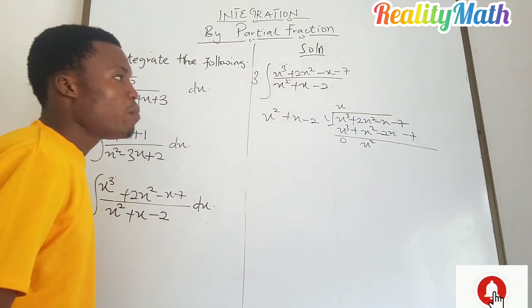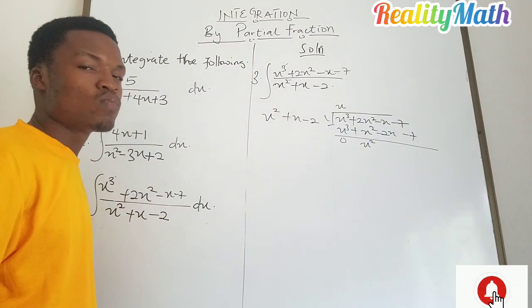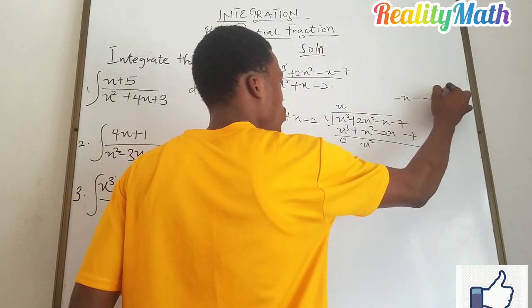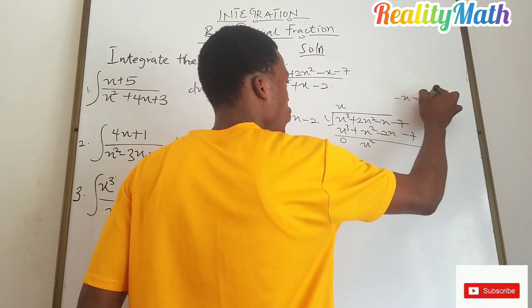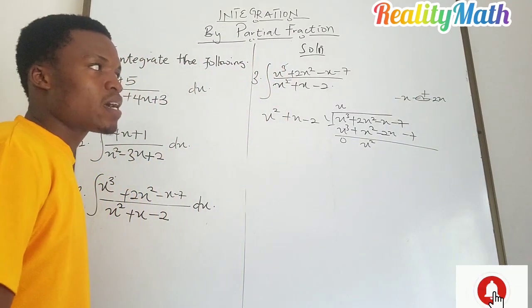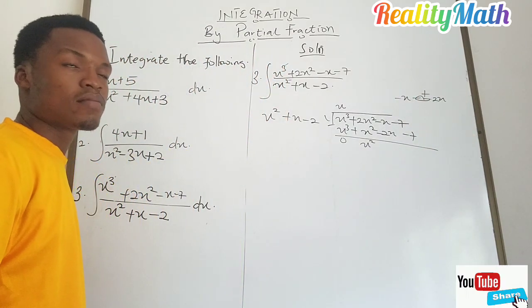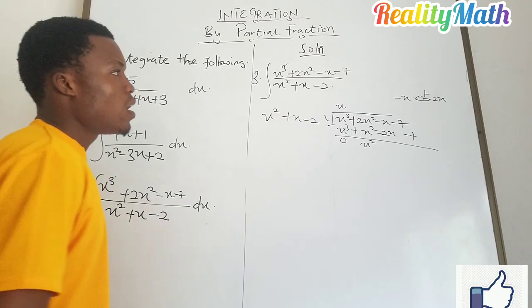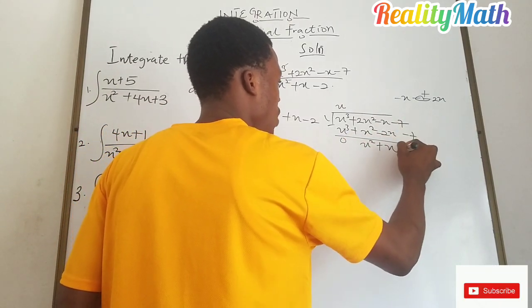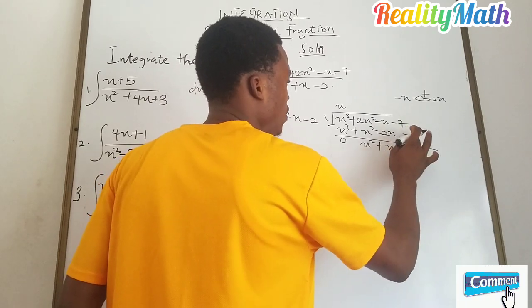Minus x minus minus 2x turns to plus, so indirectly it's just minus x plus 2x, which is x. So this is plus x. I drop down my minus 7.